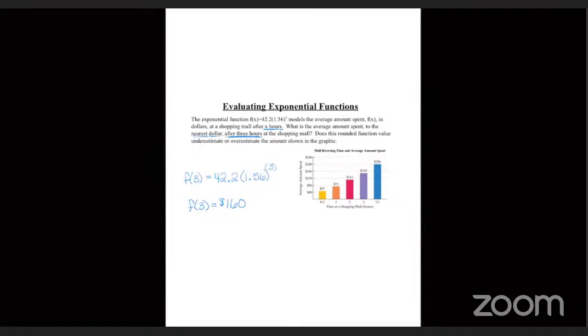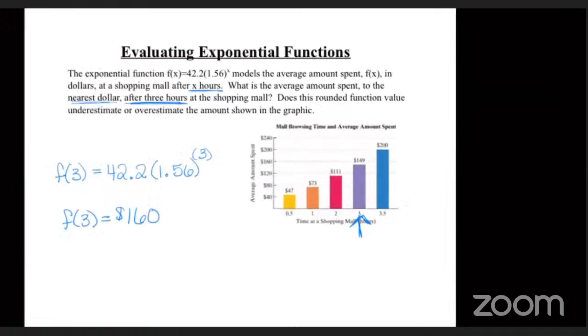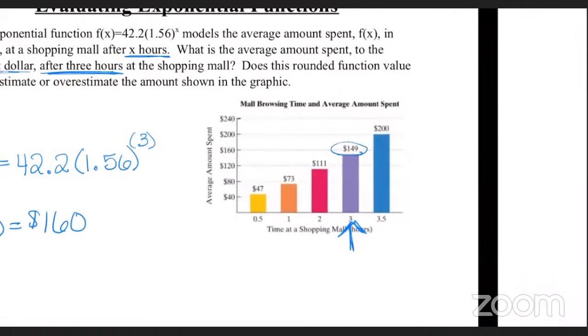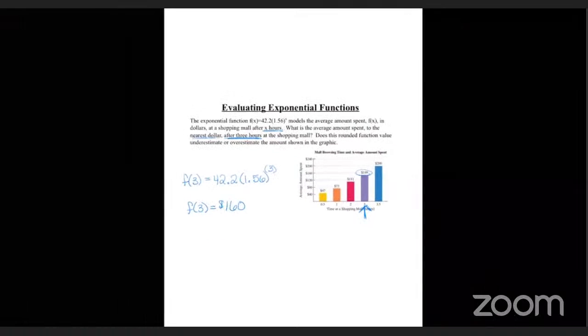So if we look at our graph here at 3 hours, let me zoom in there, it says the average was 149. And so I would say that our function is going to overestimate the amount spent by the data found.